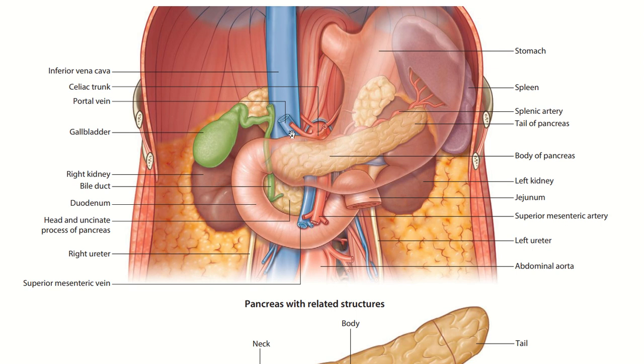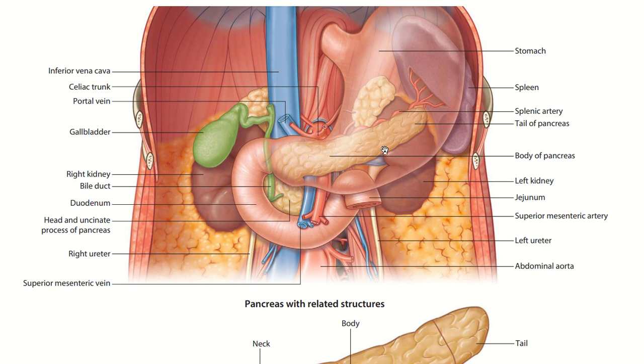But posteriorly, the pancreas is sitting or attached directly to the posterior abdominal wall, except for the tail of the pancreas, which is within the splenorenal ligament at the hilum of the spleen. Therefore, the tail of the pancreas is said to be intraperitoneal, while the head, the neck, and the body are going to be retroperitoneal. The tail is going to be intraperitoneal.